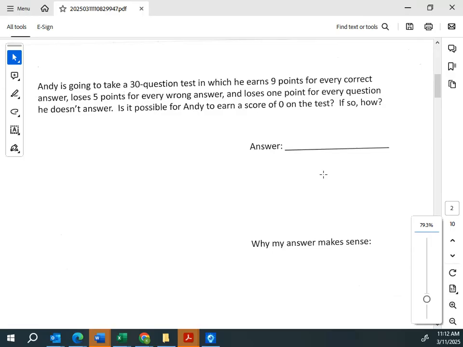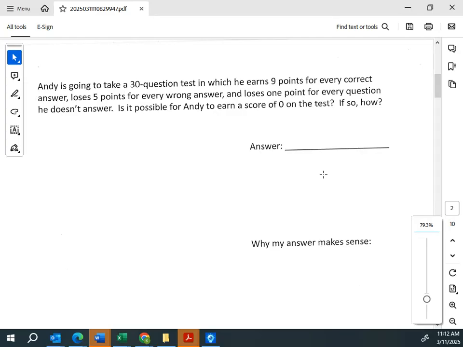Is it possible for Andy to earn a score of 0 on the test? If so, how? So I've had several people turn in their packets and say, no, he just doesn't answer any questions. He gets a 0. If he doesn't answer a question, he loses a point. So if he answers no questions, he's at -30, not 0.